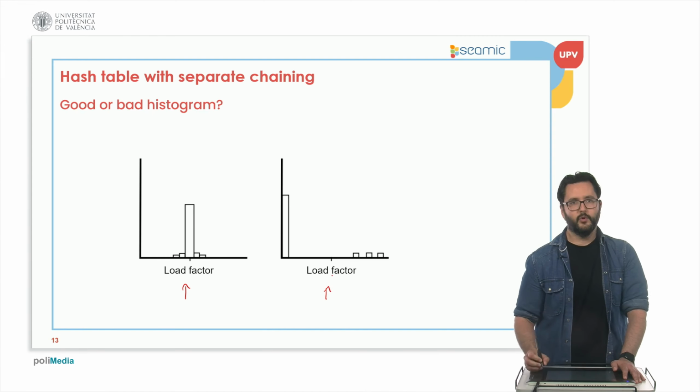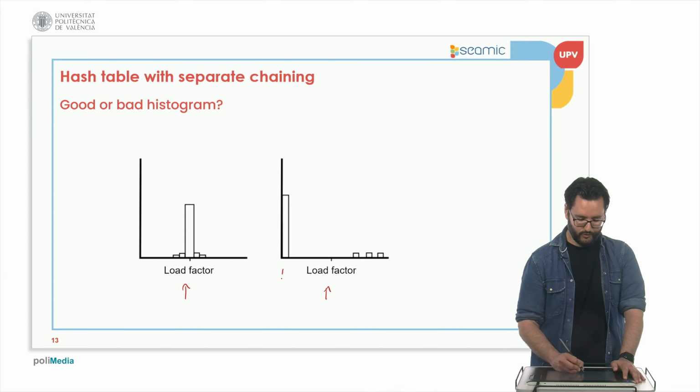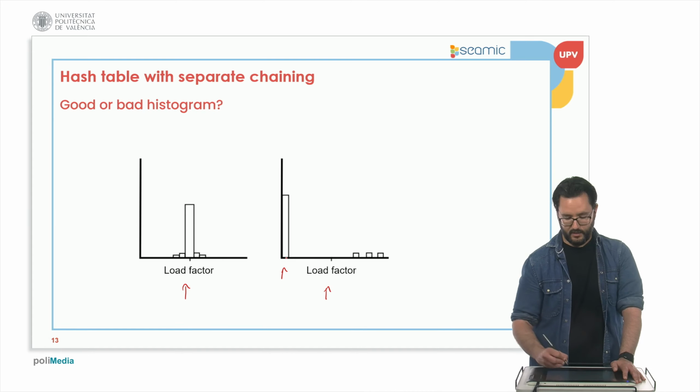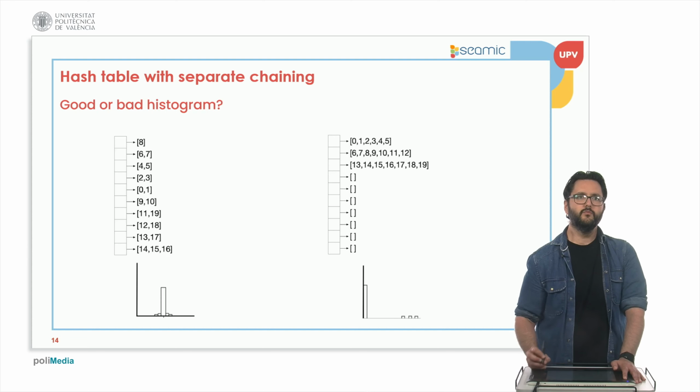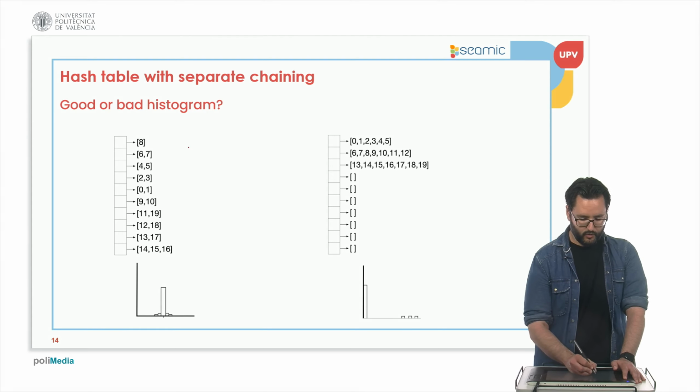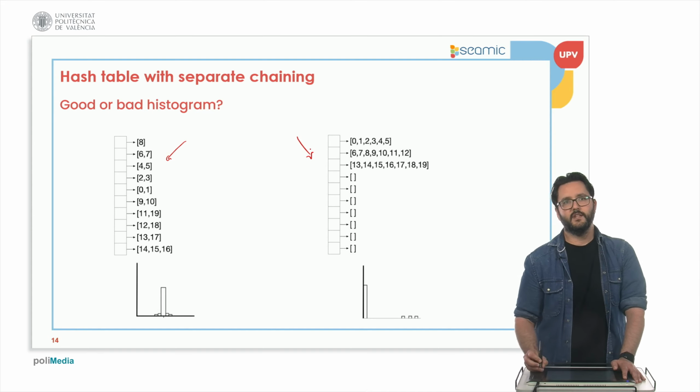On the other hand, we have this bad behavior that we want to avoid, where almost all buckets are empty and just a few of them contain almost all the elements. This is the representation that we have seen before. So we want to obtain this instead of this. This involves studying how the hash function behaves and how it distributes the elements along the hash table.